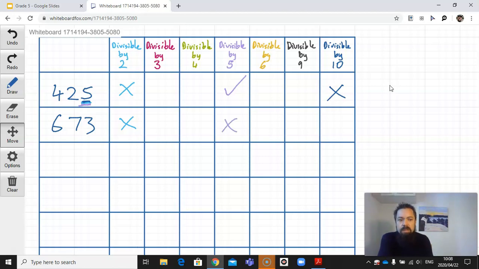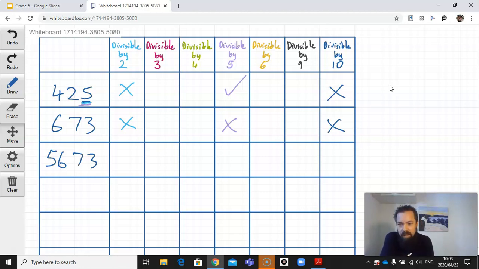No. So it is not divisible by 5. Does it end in a 0? Nope. So it is not divisible by 10. And this particular number is not divisible by any of the 3 we're looking at so far. I'm going to make the numbers a little bit bigger. 5, 6, 7, 3. Doesn't matter if they're bigger.